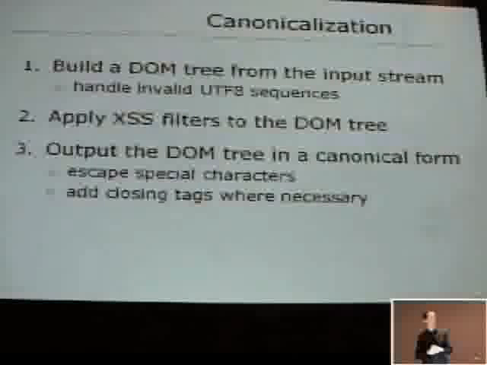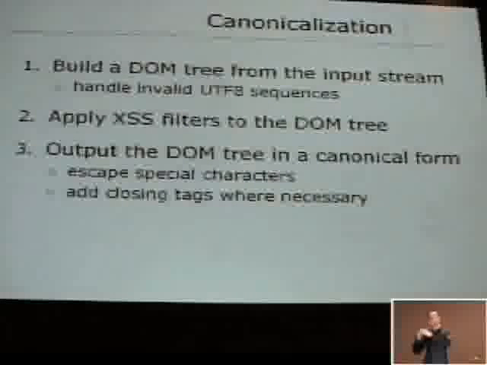So this solves the Firefox problem to an extent, because it will remove all the weird white space. All attributes will be outputted in a canonical form: attribute name, equal sign, quote, and then the attribute value.